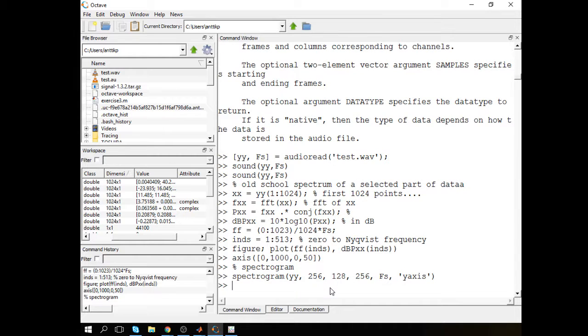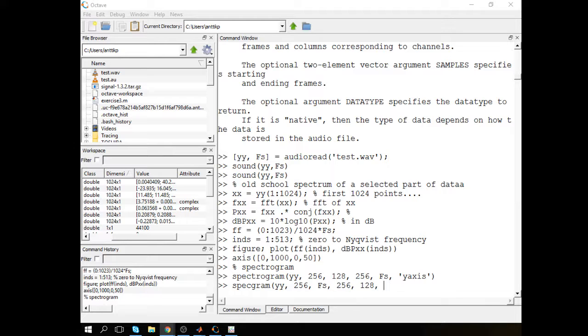I have Octave. It looks like, in my case, I need to use specgram. Sample rate, window size, overlap, and then the y-axis.